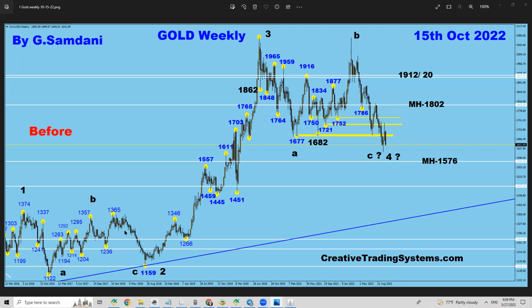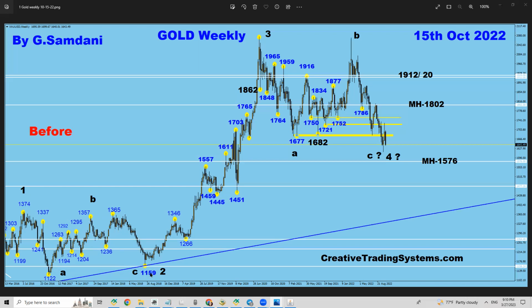This is wave 2, a flat correction, right? I'm going to explain a little later at the end what a zigzag is and what a flat is. But you can see that this wave 2 ends up having three waves, almost equal: A, B, and C.